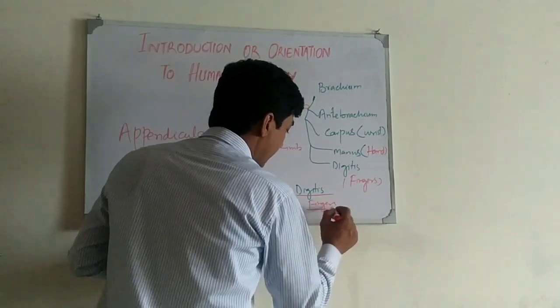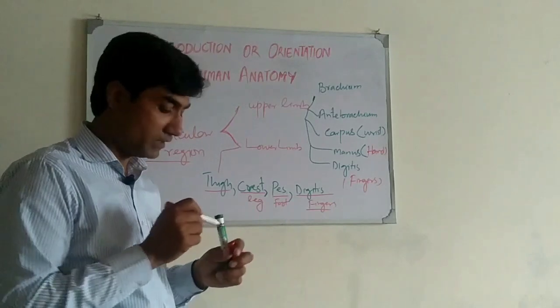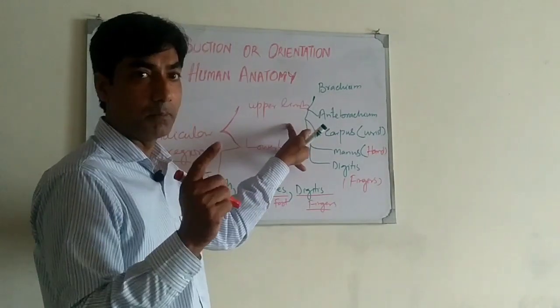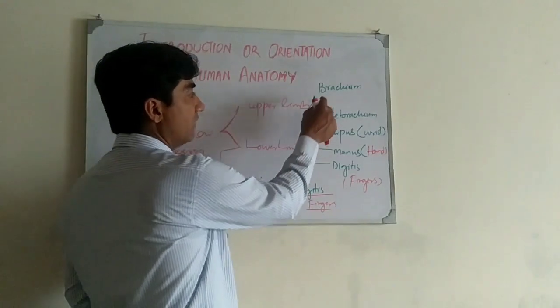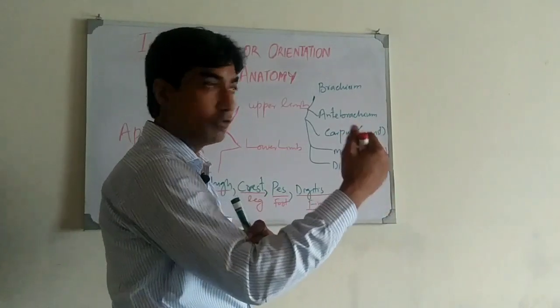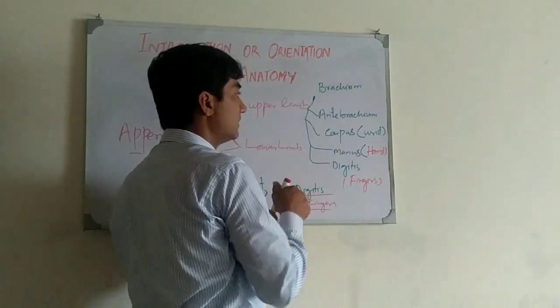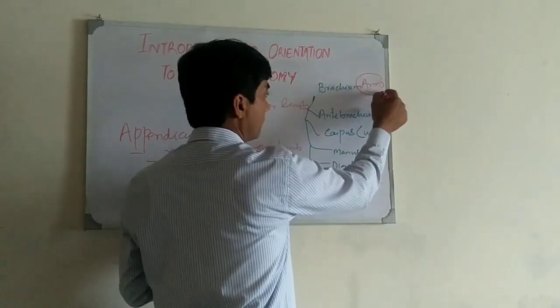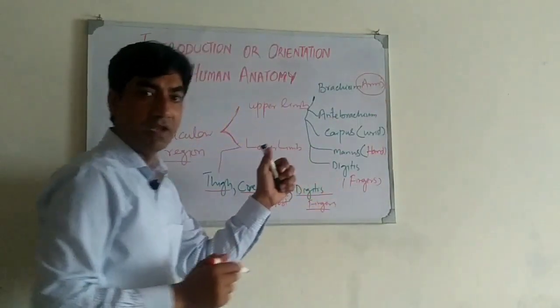In strict anatomical position, when we are describing what is leg and what is arm, the portion from the shoulder joint to the elbow joint is called the arm. Where is the location of the arm?